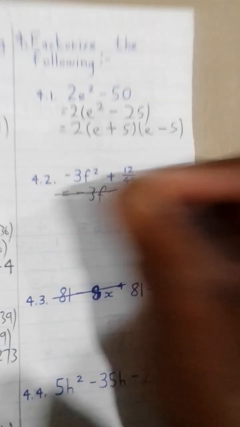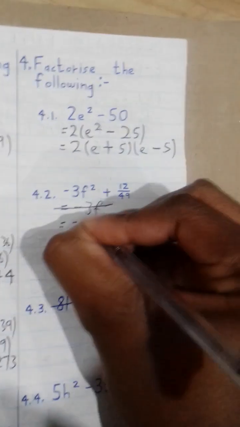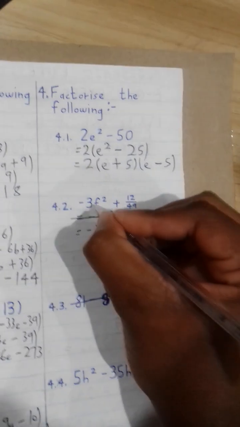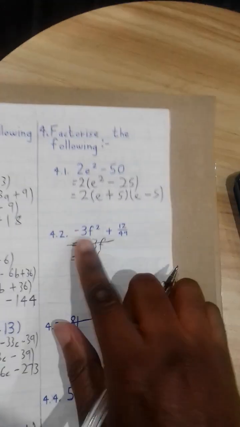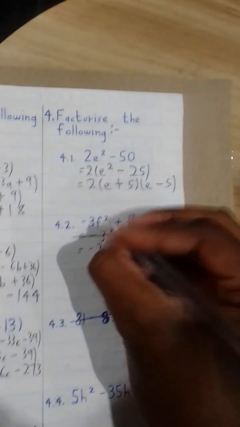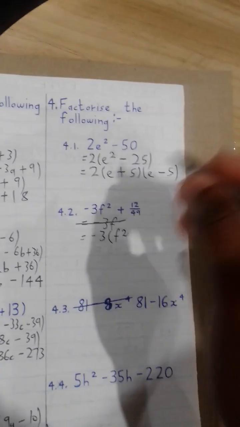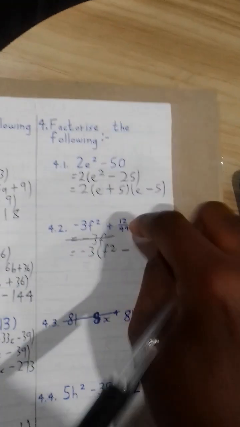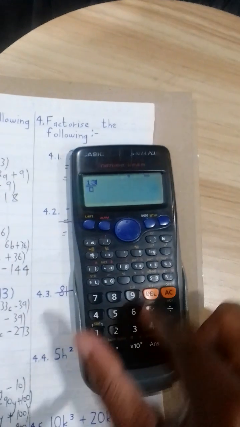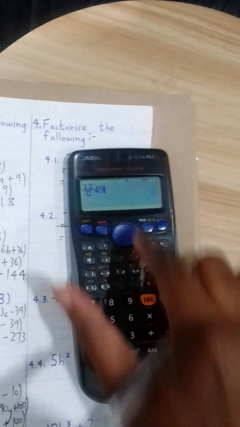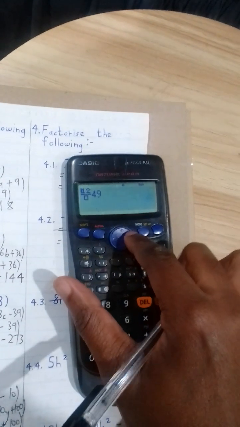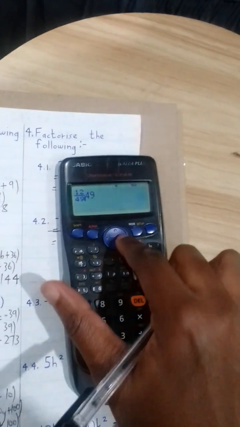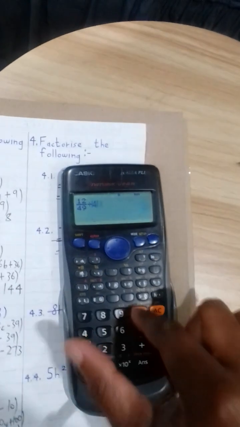Negative 3 times f squared divided by negative 3, the negatives are gone. You have f squared. Positive divided by negative is negative. 12 over 49 divided by 3 is 4 over 49.